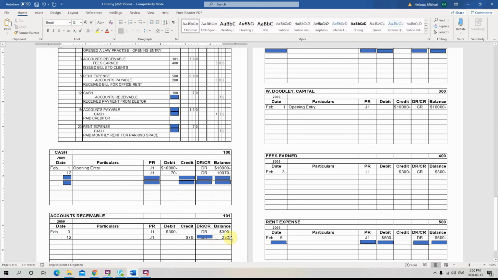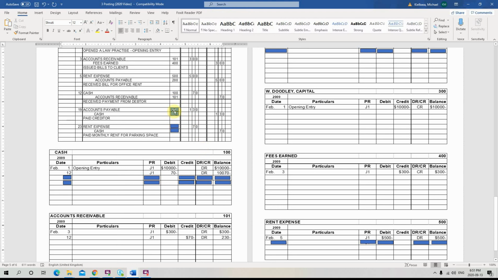But this balance is a debit balance. So remember, this DR/CR is indicating what this is. This $230 is a debit balance. So that's why this says DR, even though the entry was a credit entry. Okay, so that's what I mean. This DR/CR is indicating what this is, not necessarily what this is. Okay, so we'll go back up and indicate that we've posted to account number 101.